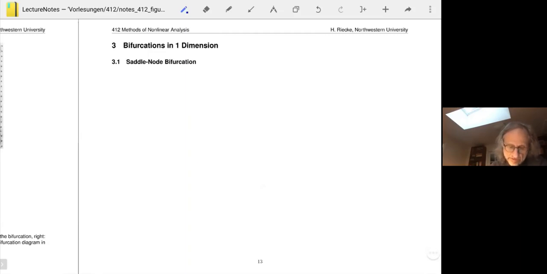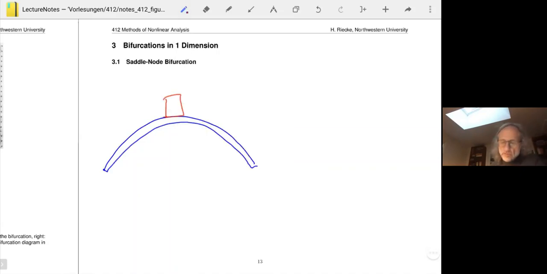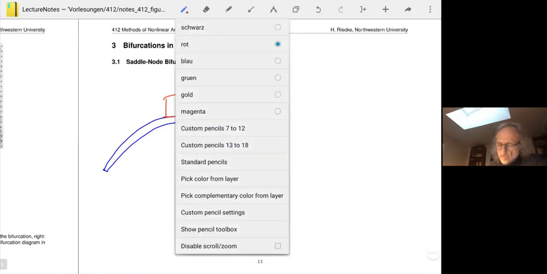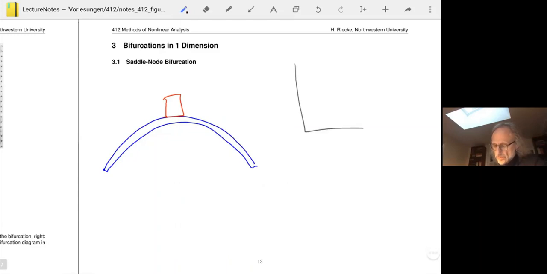And so if I draw that, here's our cardboard or our bridge, and we put a weight on top. And then the question is, what will happen? And so we would get a bifurcation diagram where we plot here the weight, and here we plot the deformation. And so as you increase the weight, the deformation will get larger and larger.